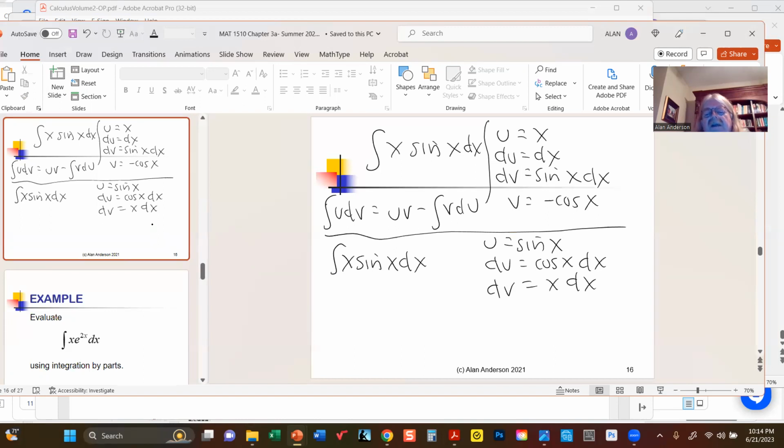And then v would have been x squared over 2. So when you plugged in all these numbers, you would have gotten sine x times x squared over 2 minus the integral of x squared over 2 cosine x dx.